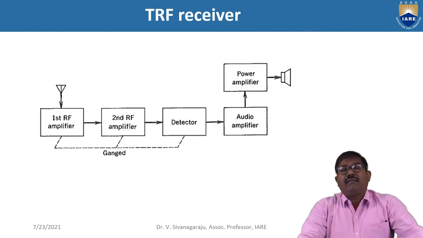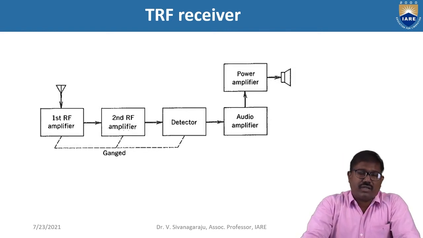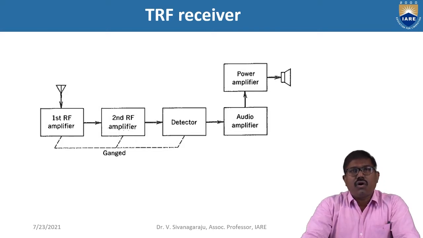Already in the functions of the receiver, we know that the first one is selecting the desired signal from all unwanted signals. The second function is amplifying, and the third one is demodulating.